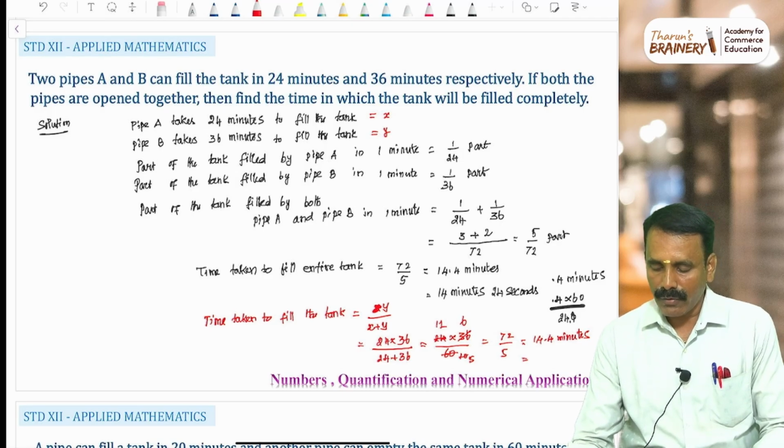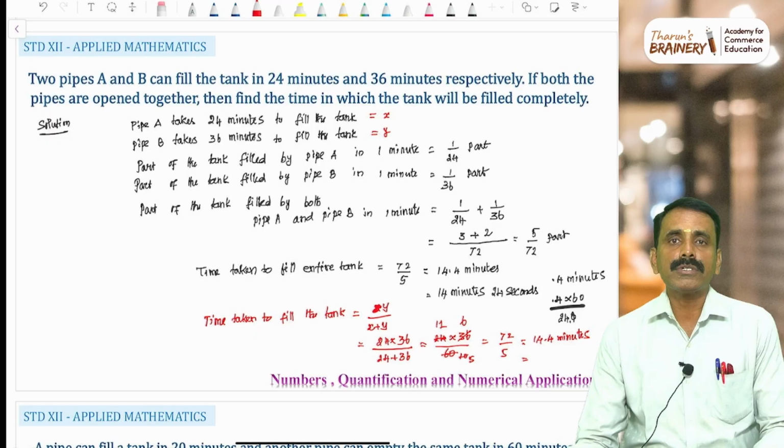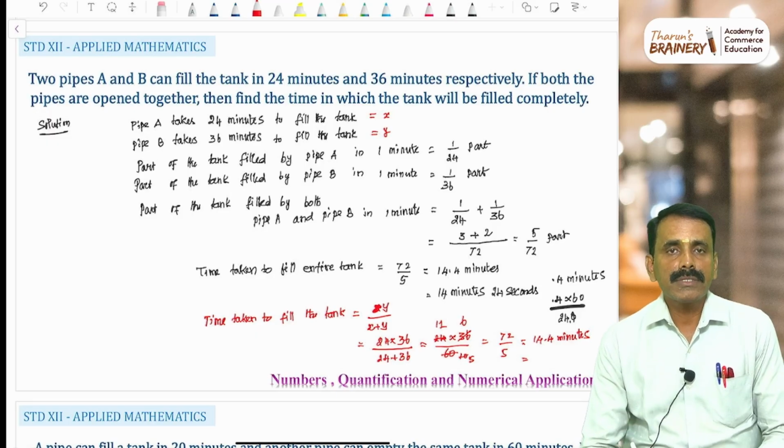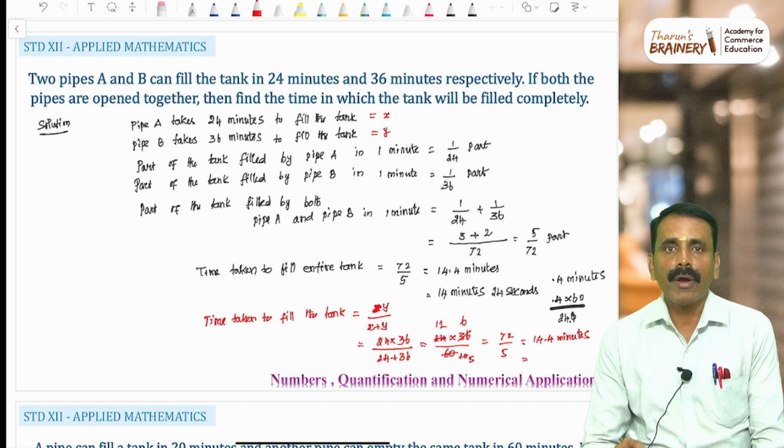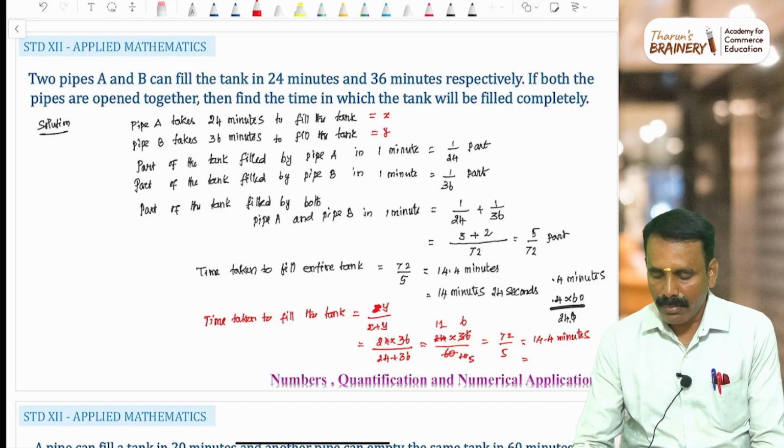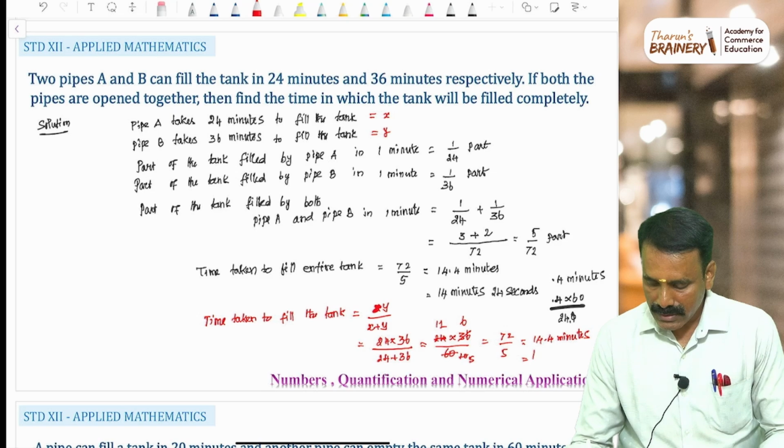We multiply 0.4 with 60. Why are we supposed to multiply with 60? Because 1 minute is equal to 60 seconds. So 0.4 minute will be equal to 0.4 into 60. It is 24 seconds. So it is 14 minutes 24 seconds.